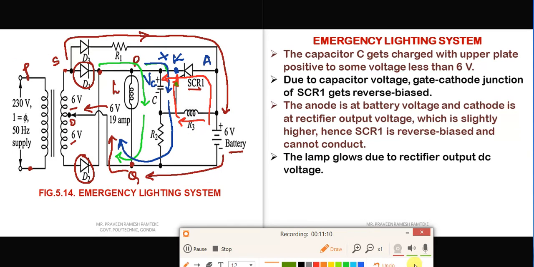Once again, I will show from a different color. We are discussing the condition when mains is off.